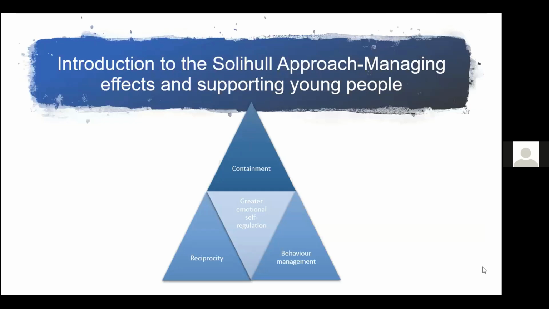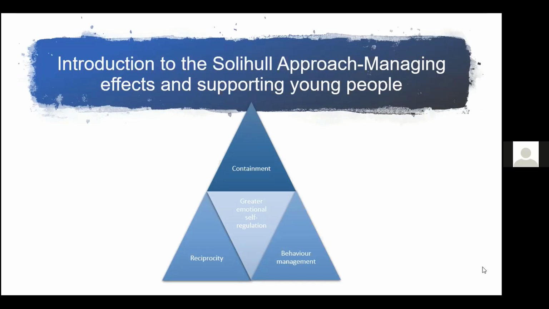And I think a nice way of framing attachment theory and thinking about this with families, in such a way that blame and guilt aren't apportioned for how that child's been brought up, is by using the Solihull approach as the way of managing the effects of these different attachment styles and going on to support children and young people.